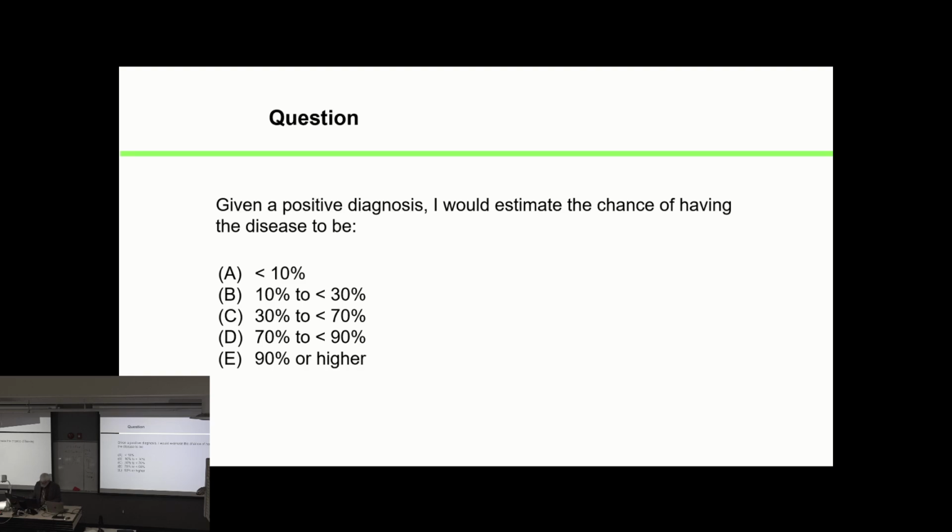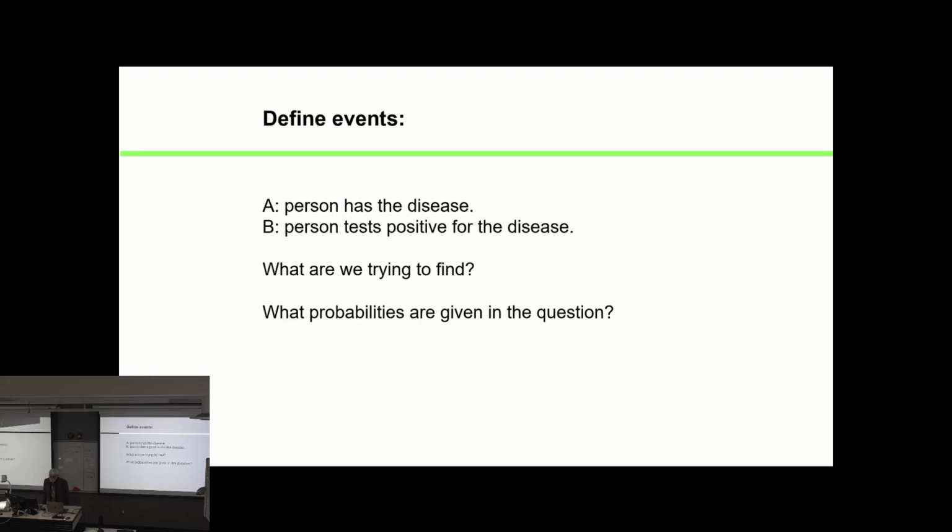In order to attack this question, we have to attack it logically, and our first thing to do is define our events. We need to think about how we separate whether or not you have the disease from whether or not you test positive.